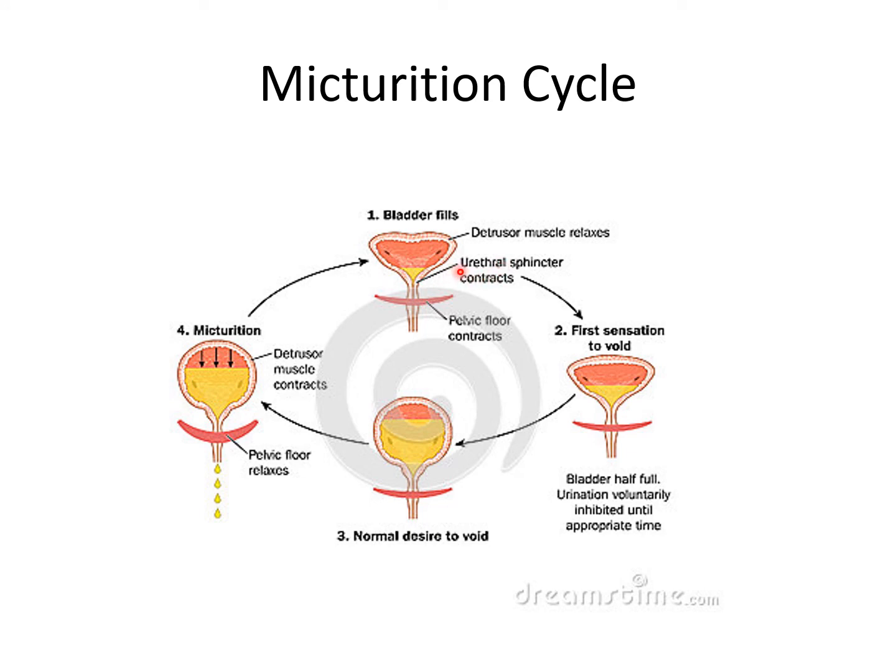Now after some accumulation of urine, there is a first sensation to void. The bladder becomes half full, and urination can be voluntarily inhibited. In this stage we can pass urine or we can hold urine by voluntarily modifying the external urethral sphincter, either contracting or relaxing it. Then there is an intense desire to void.